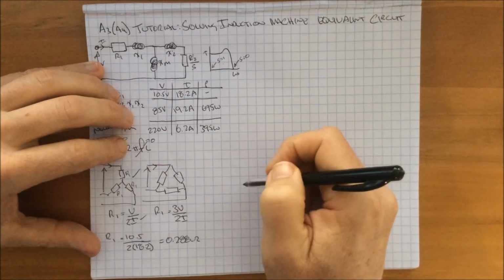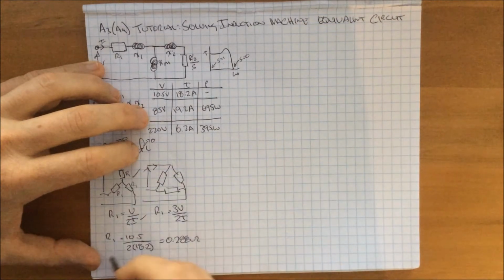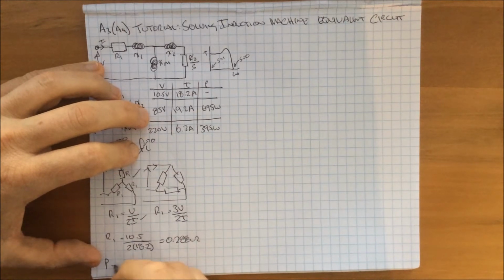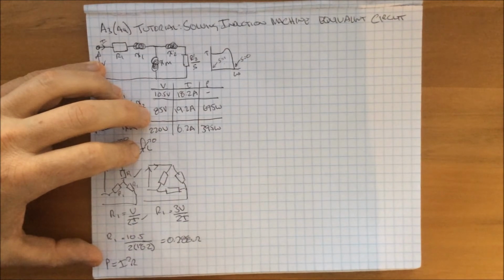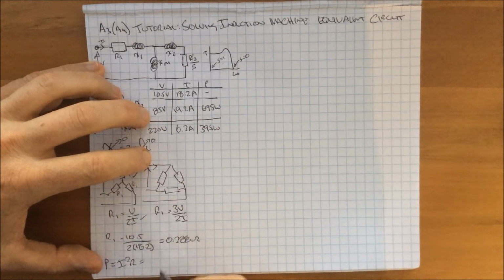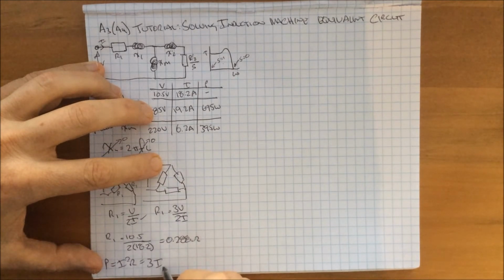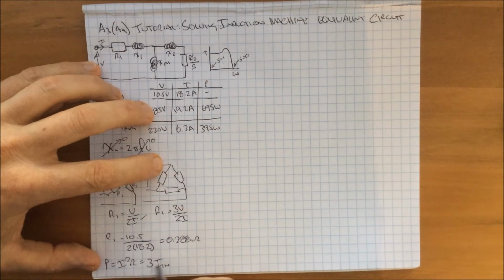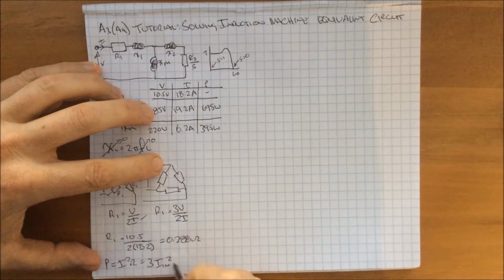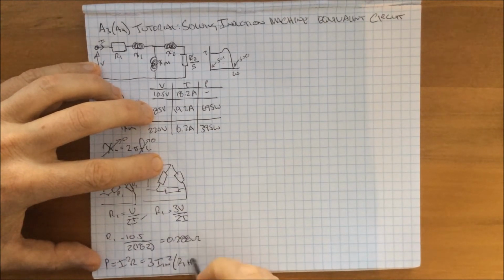We know that power is I squared R, and this is for our three phases, so three times the total power that we're measuring, 3 times the input current squared over R1 plus R2.